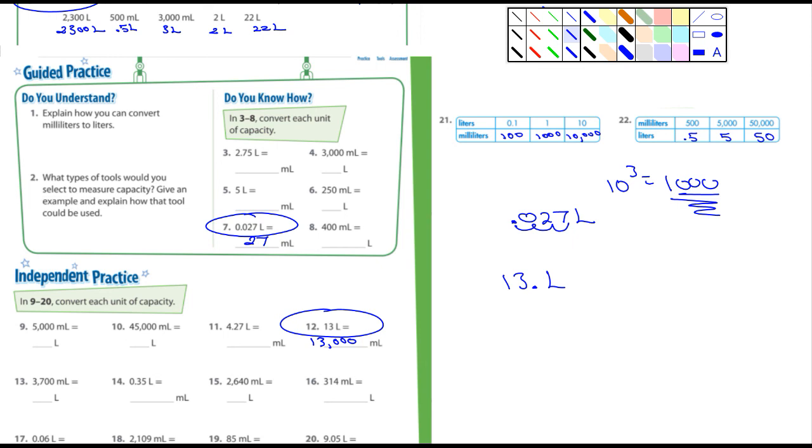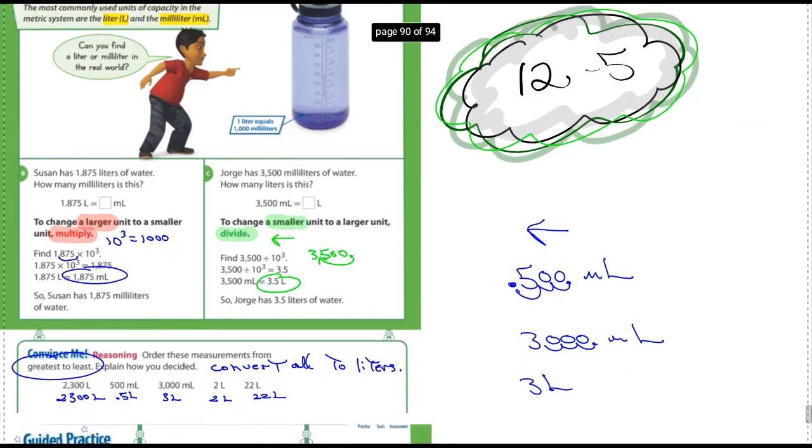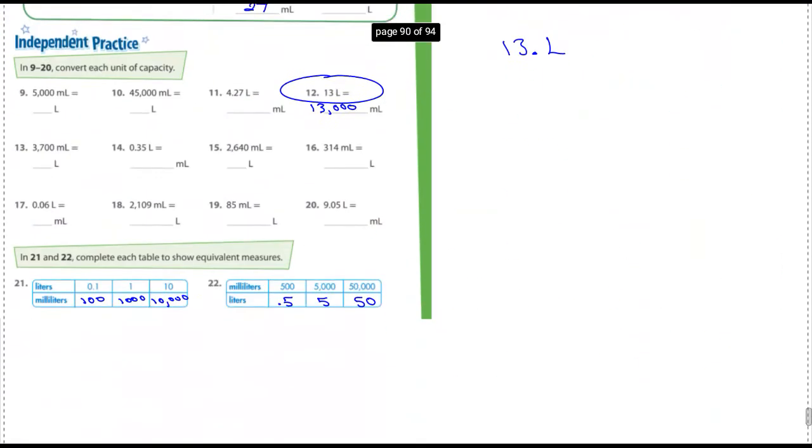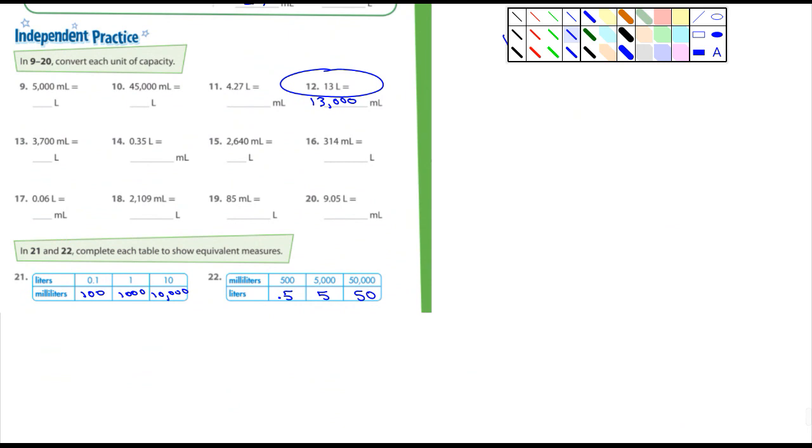All right, so there's 2 examples of going from larger to smaller. I should probably do one the other way around. How about number 19 down here? Let me move this down a little bit. Number 19. So 0.85 milliliters. So we're going from smaller to larger. Well, here's 85. Where's the decimal?